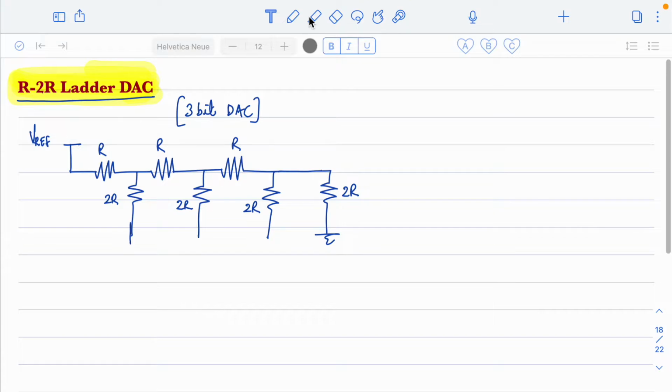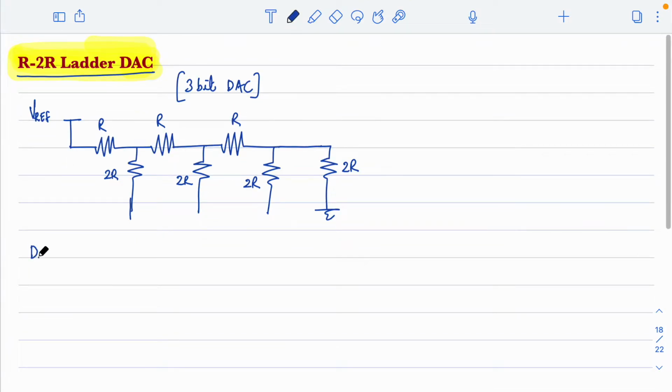For a 3-bit DAC, the input data we can write as D2, D1, D0. The data will vary from 000 to 111, right? So depending on the input digital data, the data will be connected to this resistance.